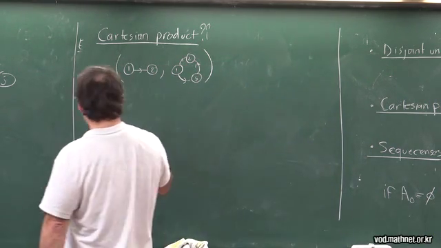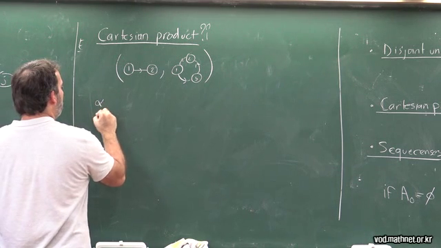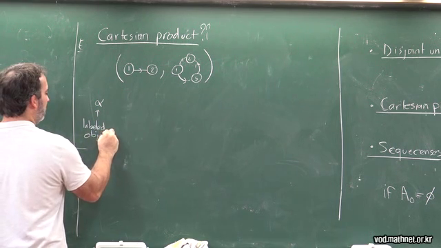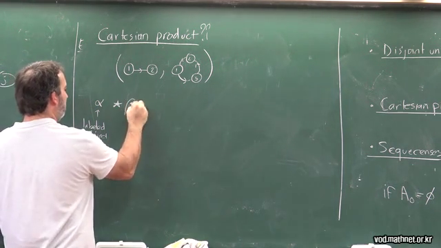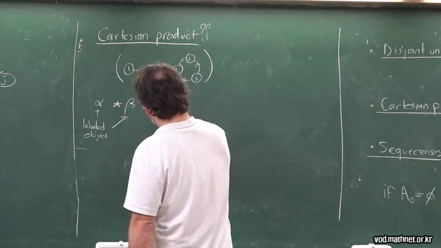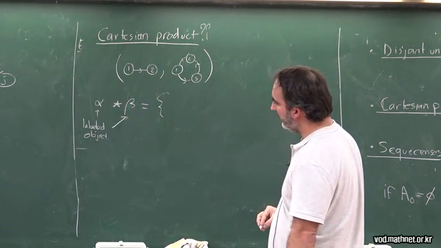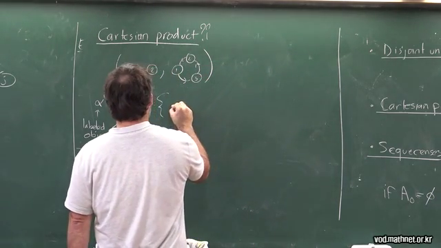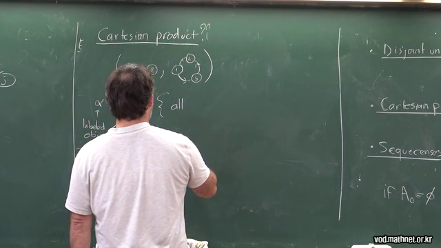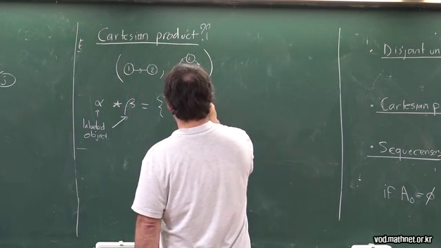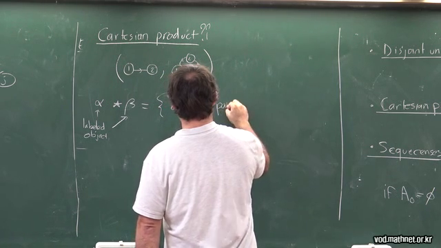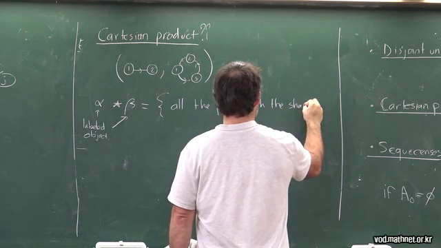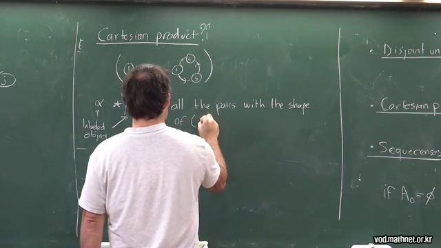So I will define, so this is a labeled object, beta also, and I will define this labeled product. I will write something informal and make an example, I think it's easier. So all the pairs with the shape of alpha beta.